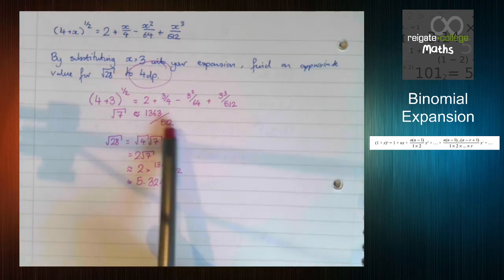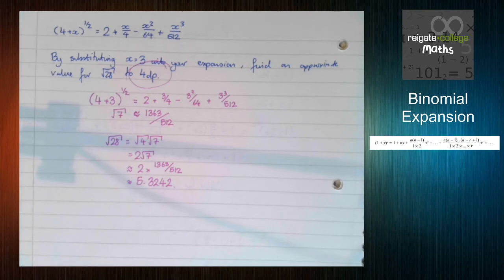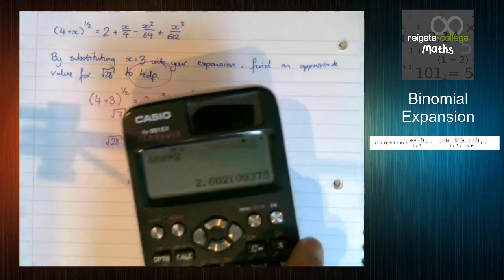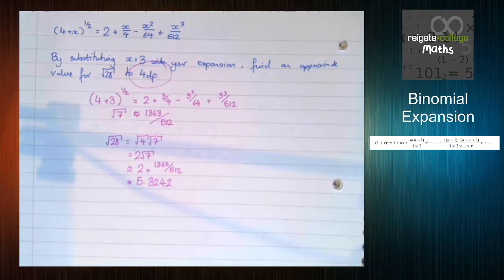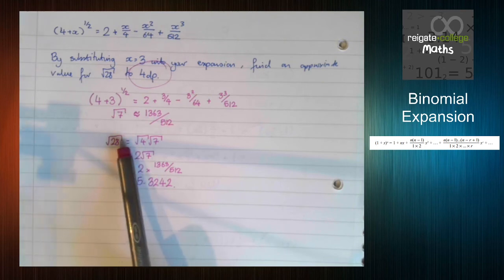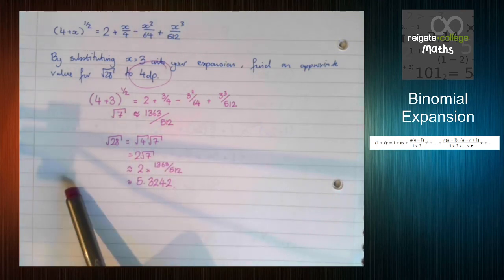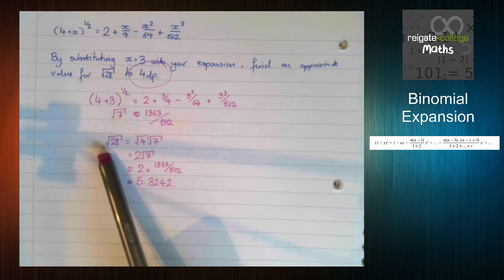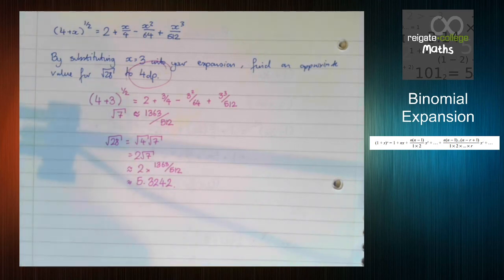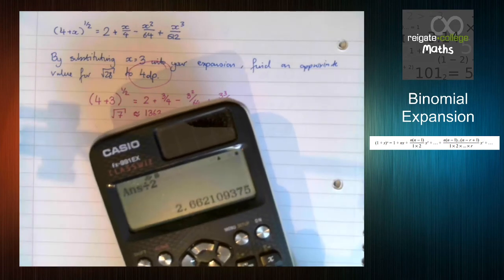For instance, with this example, 1363 over 512, we know, or you can work out, that's 2.66 and a bit. If you think about it, really think, 28 is between 25 and 36. So root 28 has got to be somewhere between 5 and 6, which is definitely not 2 and a bit.